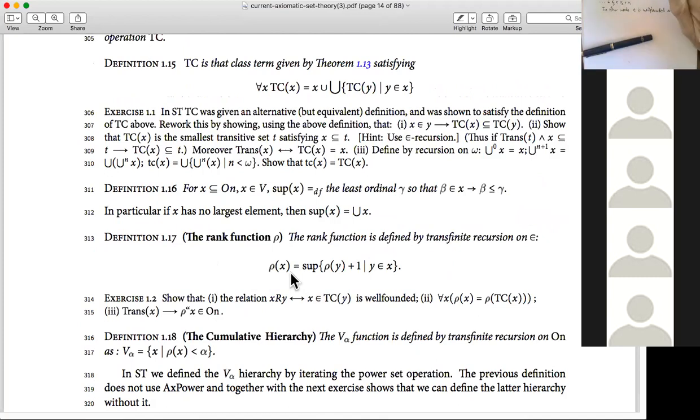But actually you could define the rank function this way. It's just the supremum of 1 plus the ranks of its elements. So again, I'm defining rho x in terms of things I supposedly already know, the rho y's. And I'm applying an operation g here, which says add 1 to the rho y's that we know and take their union.